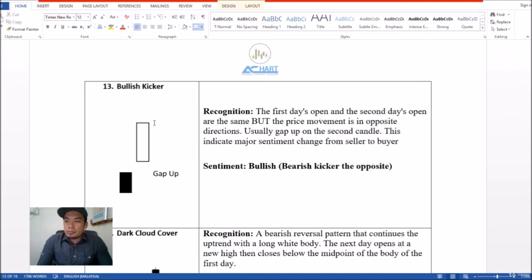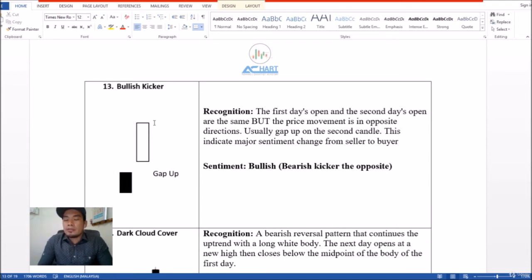What this bullish kicker indicates is an extremely bullish sign to traders, that the sentiment is changing from seller to buyer. This is a really crucial signal because it's also pretty reliable at certain price points.